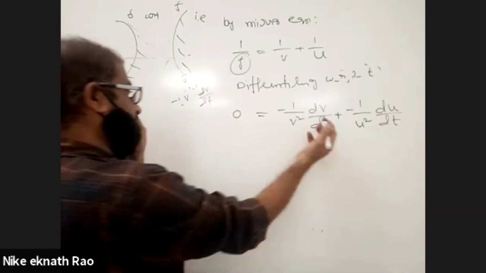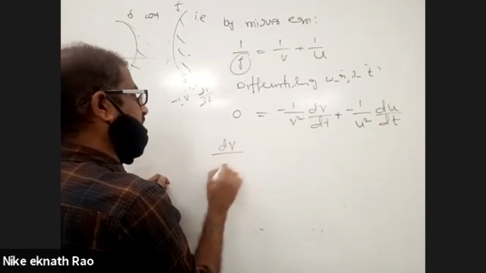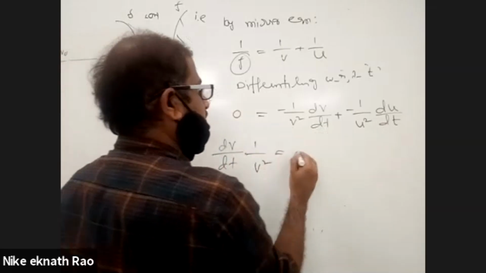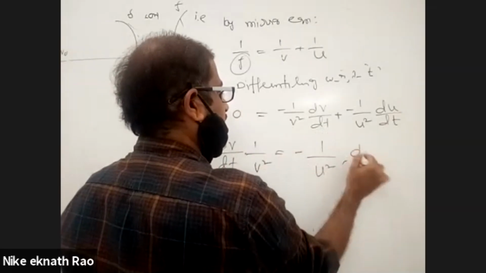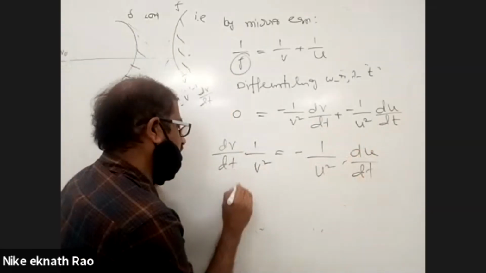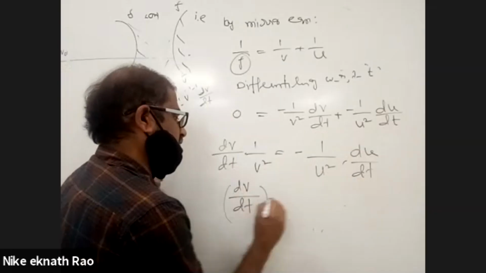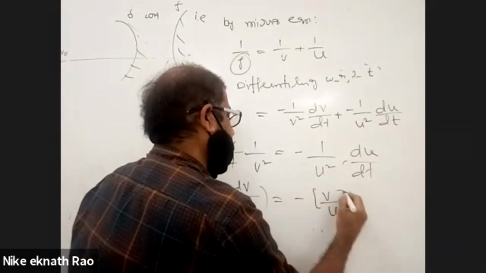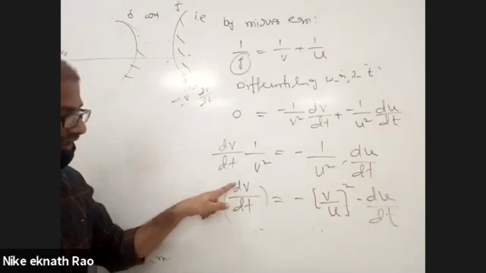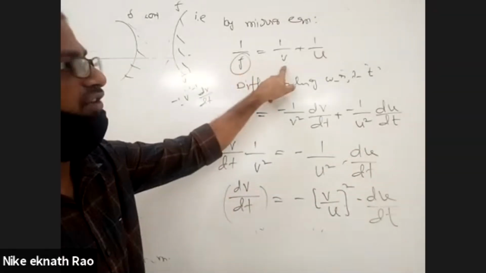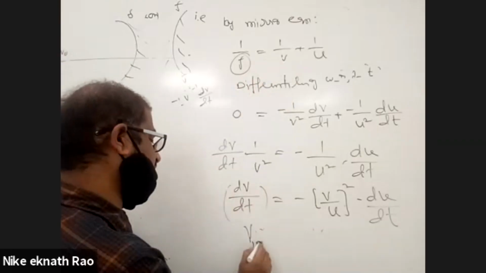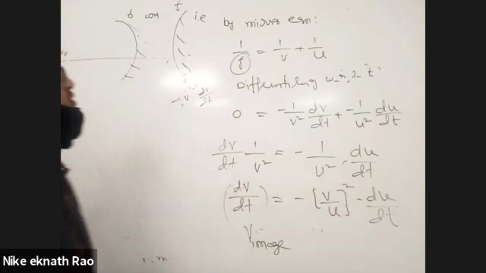Therefore, I can write down the speed of image, which is asked. So dv by dt: 1 by v square is equal to minus 1 by u square into du by dt. So dv by dt is equal to minus (v by u) whole square into du by dt. The rate at which image distance is changing, v indicating image distance, is nothing but velocity of the image, with respect to the mirror.